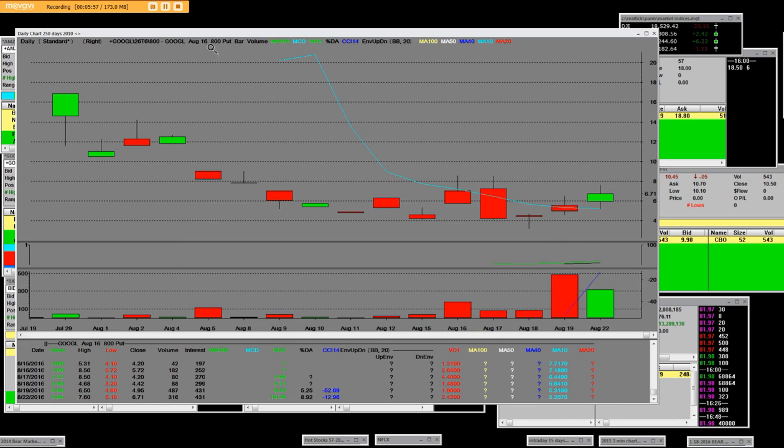I'm reading right here that the $800 put, if it breaks down again, we've come up off of these lows for 3 days and it's gone up. It can go higher. It just depends on what the Google stock does as far as both the call and the put side together.